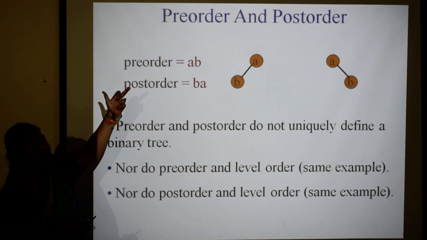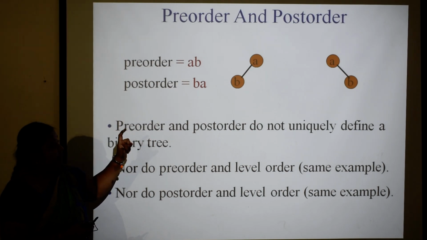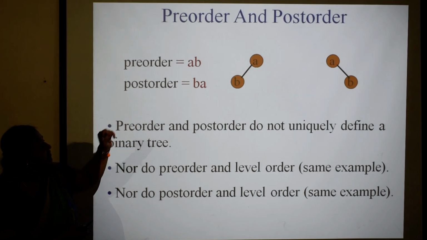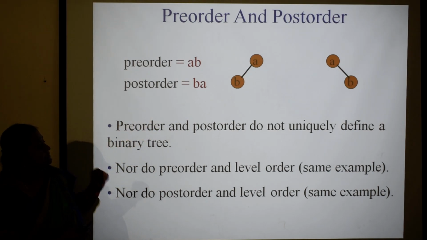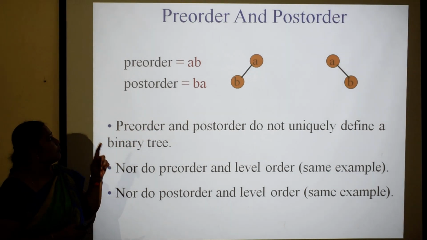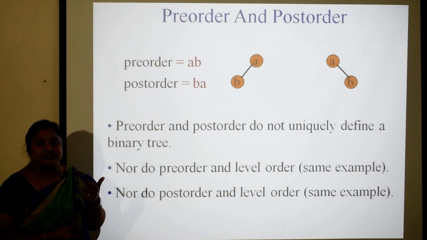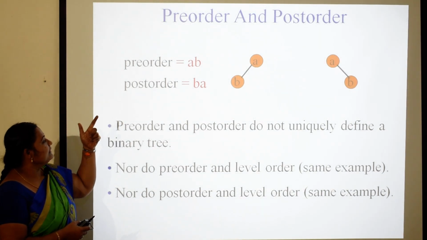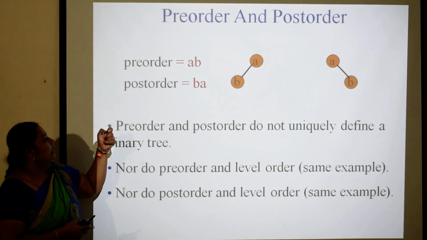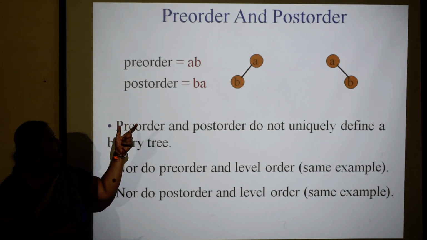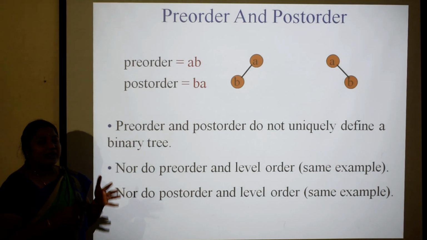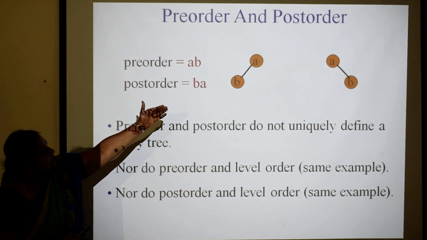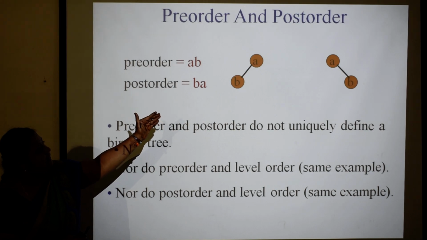A is first, so A must be the root node. And we have to focus on B. In pre-order, B is in the second position, and the second position of pre-order denotes the left child. In post-order, it denotes a left child or right child. So that is why I put A as the root node and B as a left or right child.